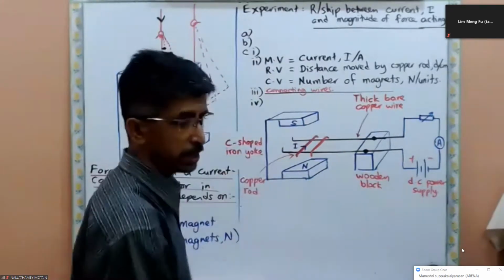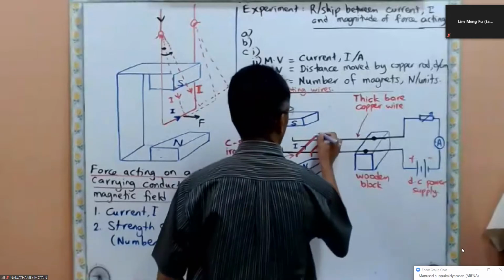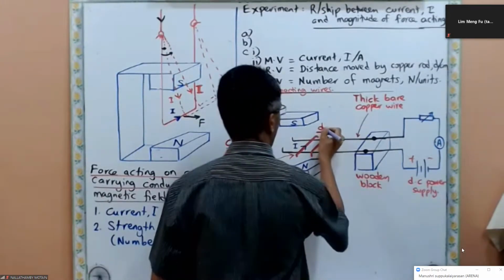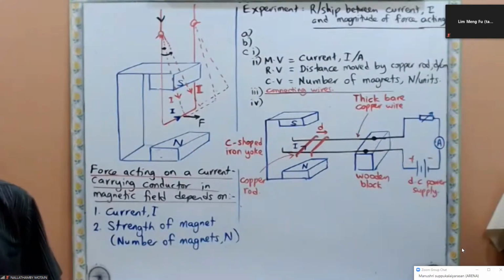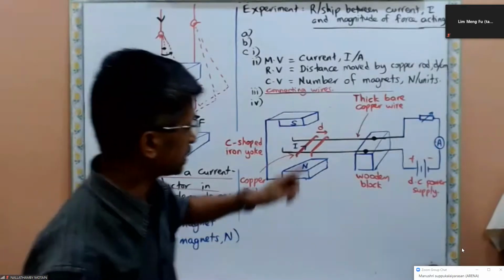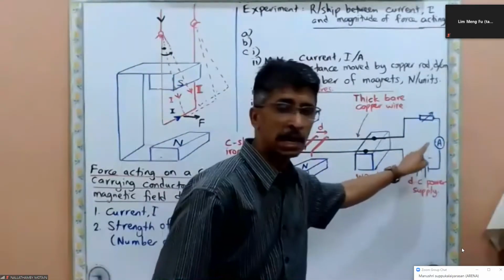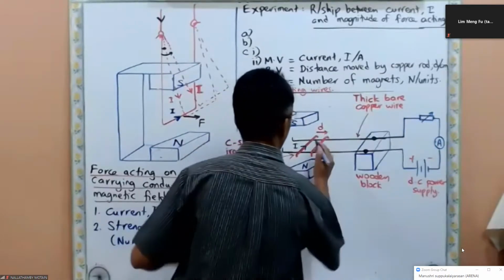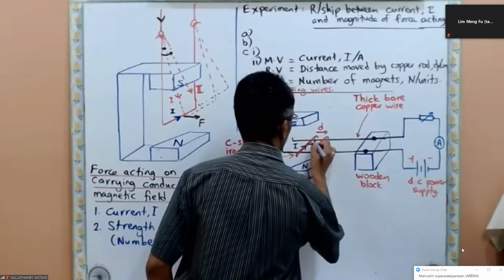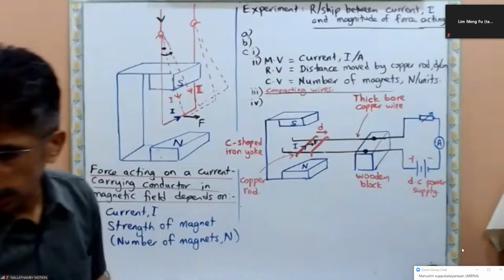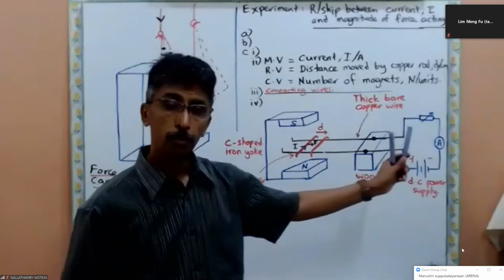It's slightly curved here. So what we need to do is measure the distance over here. How far has it moved? If you supply more current, increase the current, what happens? This conductor will move further.